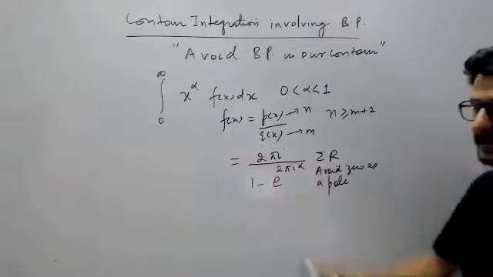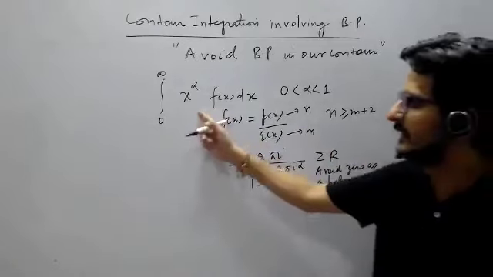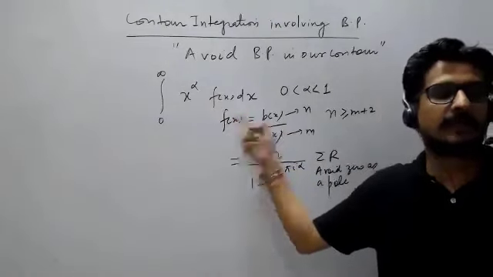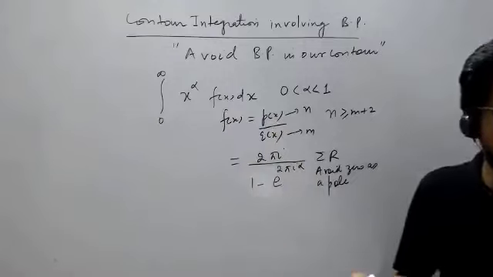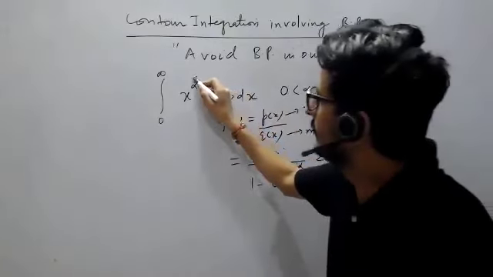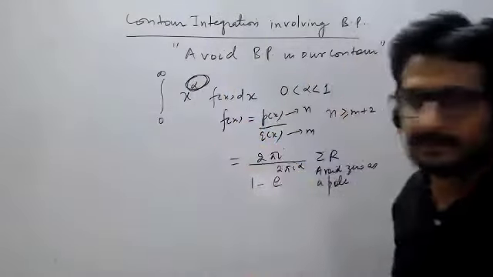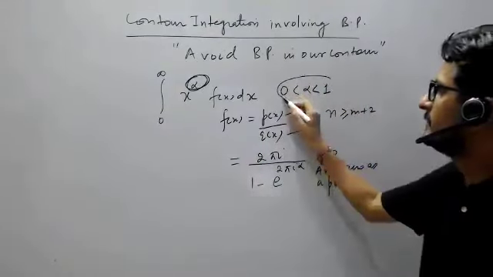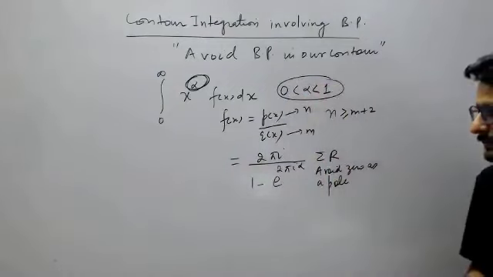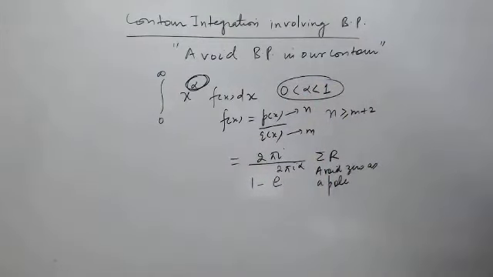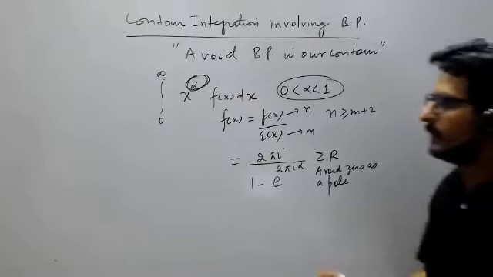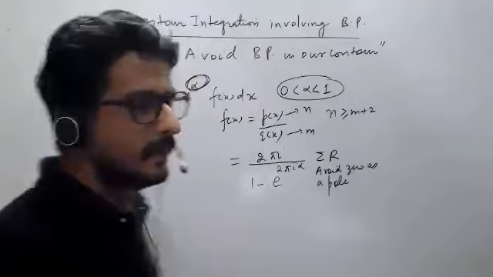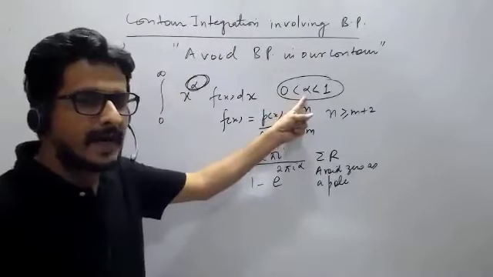Forget the right hand side for now. Just see what type of integrals we can do. Please see it carefully, everybody. x to the power alpha, and alpha is between 0 and 1. To understand it in a simple way, suppose the value of alpha is half.